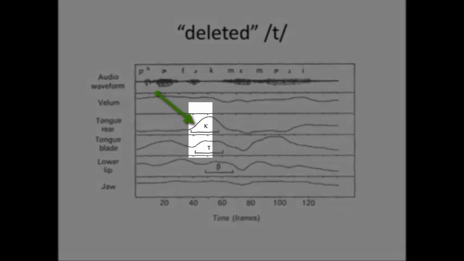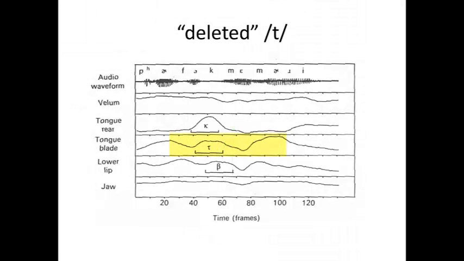So, as the tongue back is closing for k, the tongue tip is already moving up to the alveolar ridge for t. And while both of these closures are active, the lips are also coming together for the m sound. In this sequence of movements, consider the tongue tip. By the time it comes up to make its closure, air has already been stopped at the soft palate by the earlier movement of the tongue back.